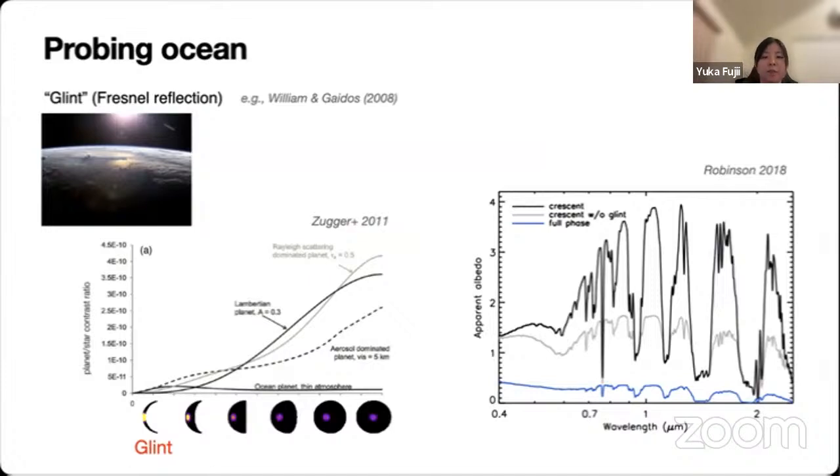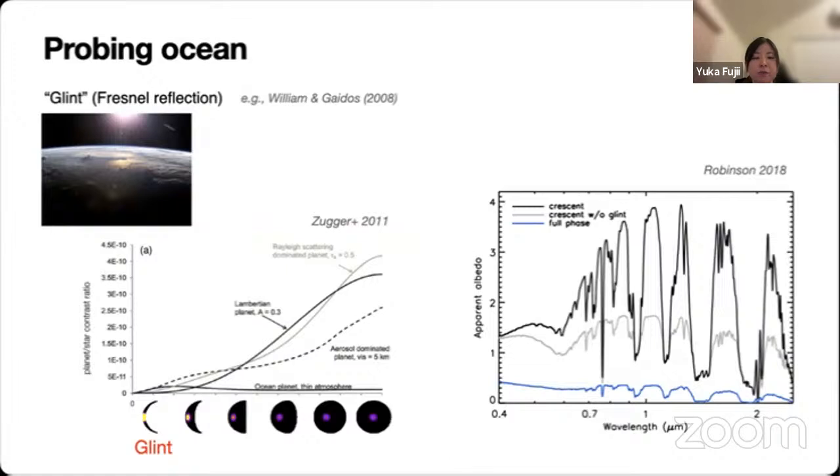Liquid water or liquid surface in general has mirror-like reflection properties, like illustrated here. The reflectivity is highest when the incident angle is low. In other words, it's brightest when it's illuminated at a grazing angle. And such geometry corresponds to the situation where the planet is observed at the crescent phase like this.